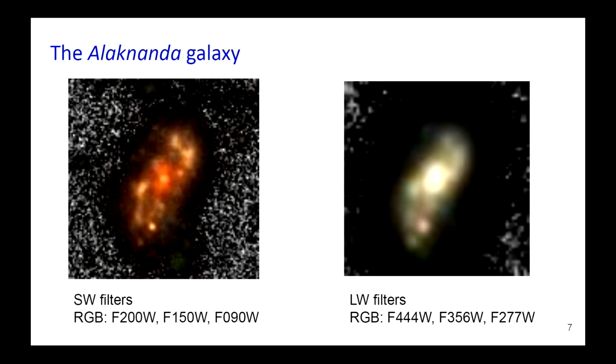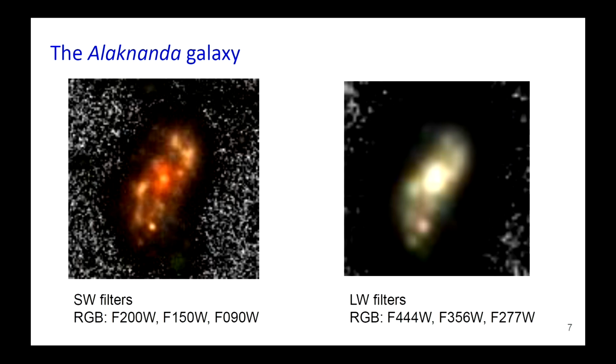Here these are 2.5 by 2.5 arcsecond cutouts made using JWST data. These are the NIRCam shorter wavelength filters. Here we have used F090W, F150W, F200W as our blue, green and red channels, and these ones use F444W, F356W and F277W.